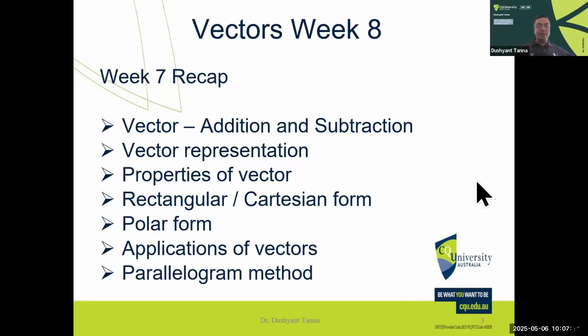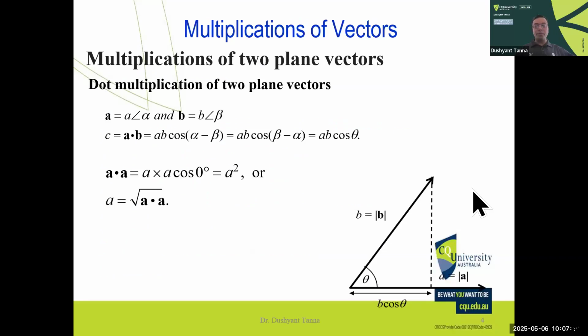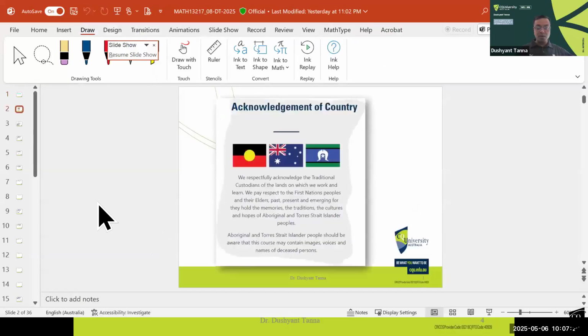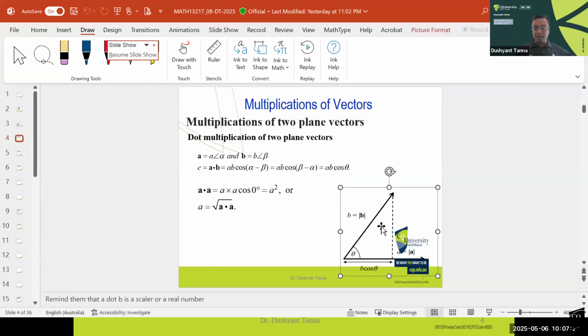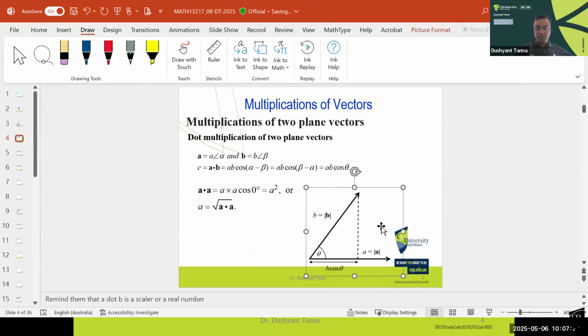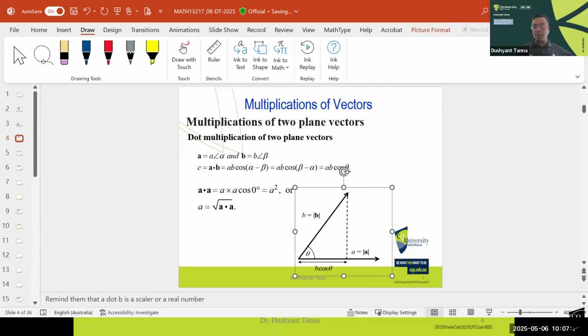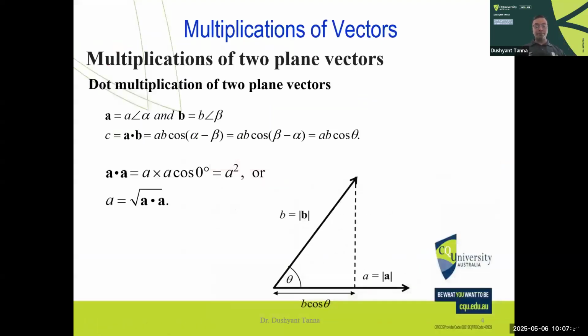So let's begin with our first one. The first one is multiplication by a scalar. What I might do is bring this a bit up so you can see it. Looks a lot better.